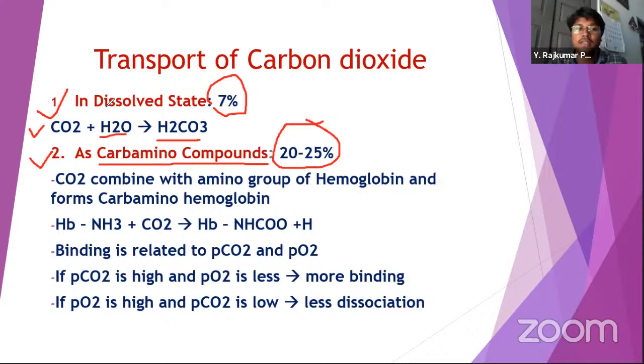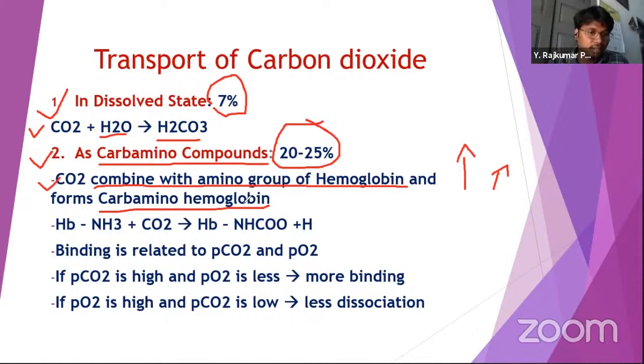You can see here, first is the dissolved state. That means carbon dioxide dissolves in the water and is transported in the form of H2CO3. And as carbamino compounds, CO2, that means carbon dioxide, combines with the amino group of hemoglobin and forms carbamino hemoglobin. So hemoglobin has the function of forming oxyhemoglobin and carbamino hemoglobin. Carbamino hemoglobin means binding with carbon dioxide, and oxyhemoglobin means binding with oxygen.